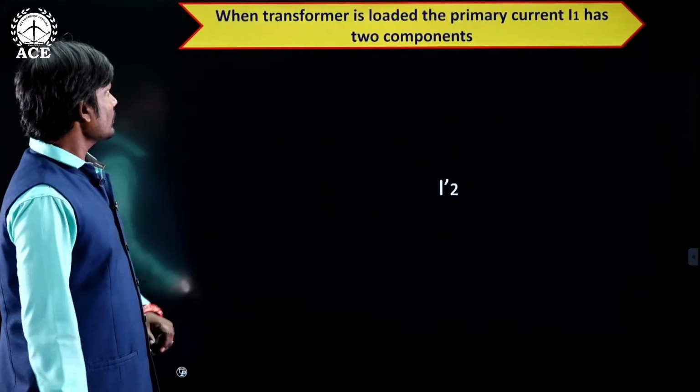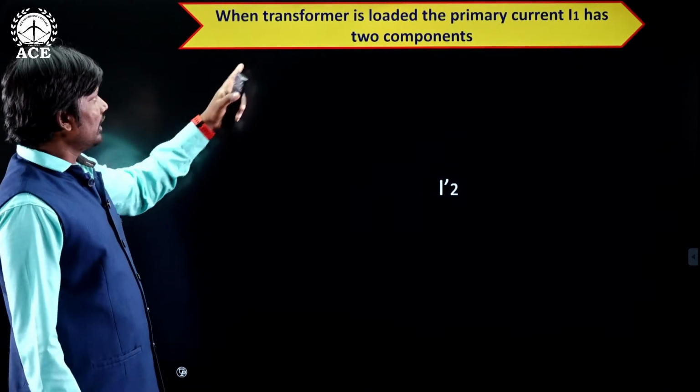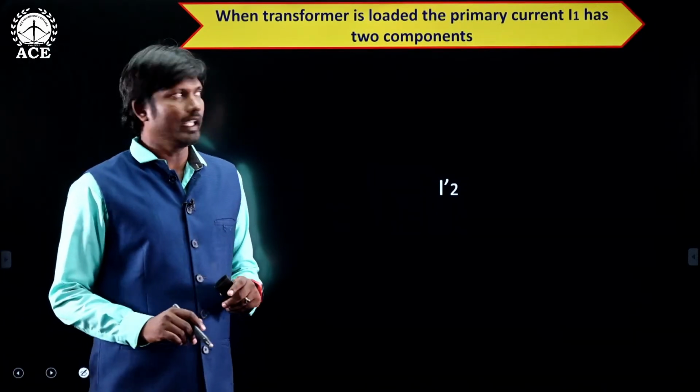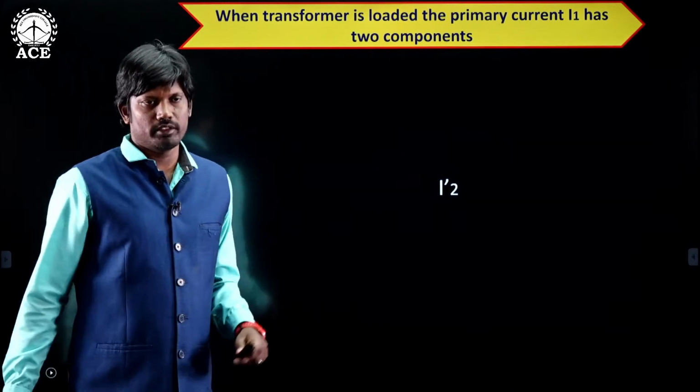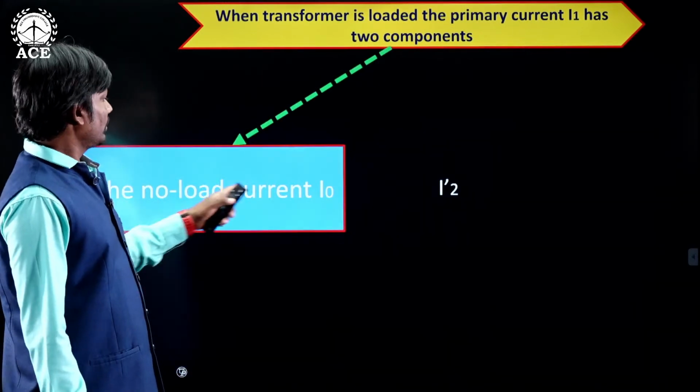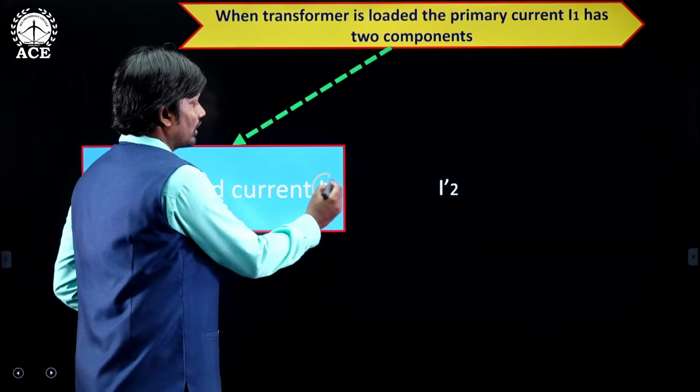Now, when the transformer is loaded, the primary current I1 has two components. The first one is the no load current, I naught.